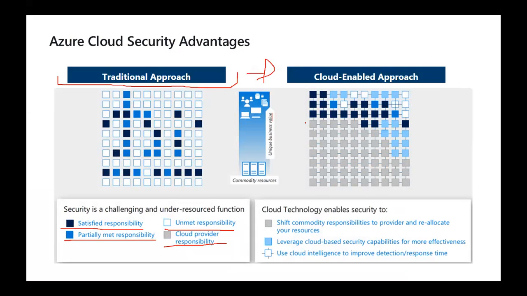looks completely different. So in an on-premise environment, guys, organizations likely have unmet responsibilities and also limited resources available to invest in, for example, security. This creates an environment where the attackers maybe are able to exploit these limited security aspects.